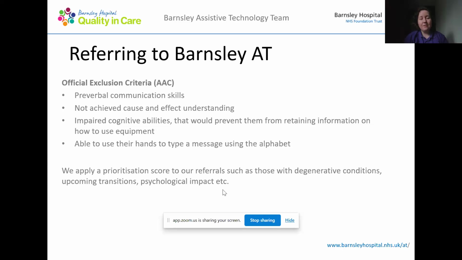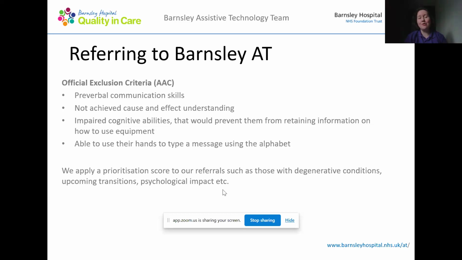So the exclusion criteria for AAC is if somebody's communication skills are at a pre-verbal level, so they're not really using any kind of language to communicate. Their understanding as well is pre-verbal, so they're interacting more through body language.